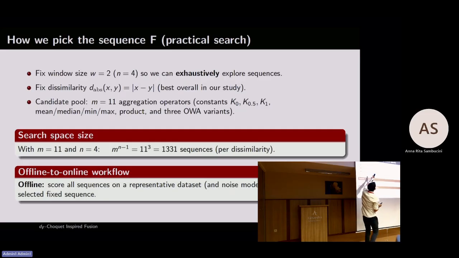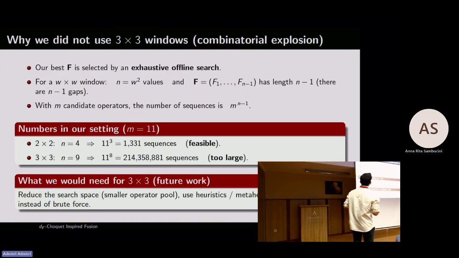With these 4 values, we choose 11 aggregation operators from 3 constants, the 0, 0.5, and 1, 5 functions, the mean, the median, the minimum, the maximum, and the product, and 3 or 1 variants. If we take that information, we have 1,300 sequences.